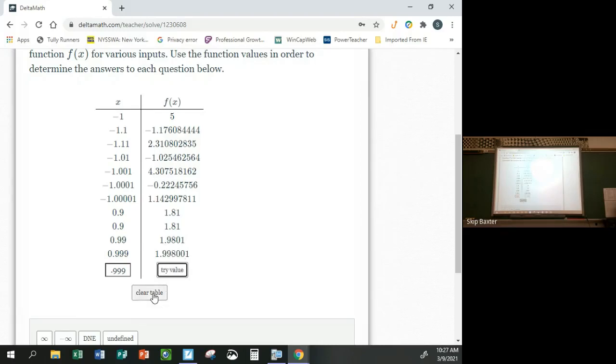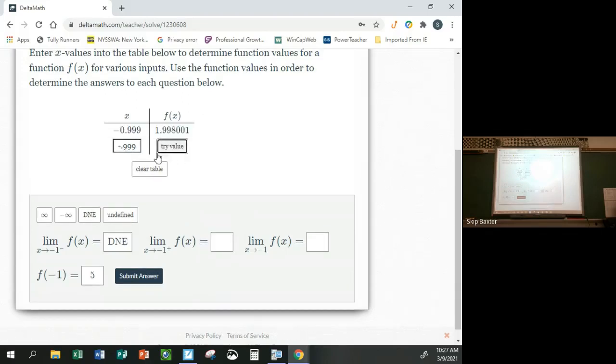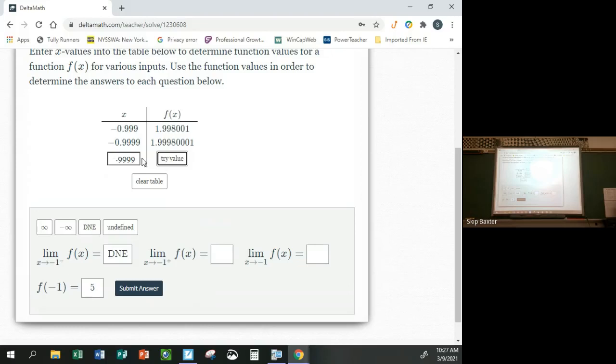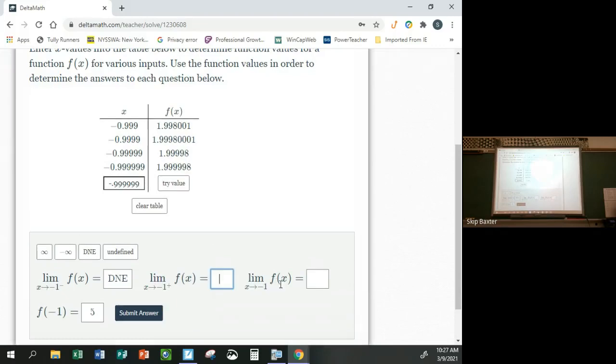Yeah, it should be negative. You clear the table. So I get negative. Okay, yeah. I'm terrible at this. If I just keep doing this, what number does it seem like I'm getting closer to? It's like 2. So this would be 2.